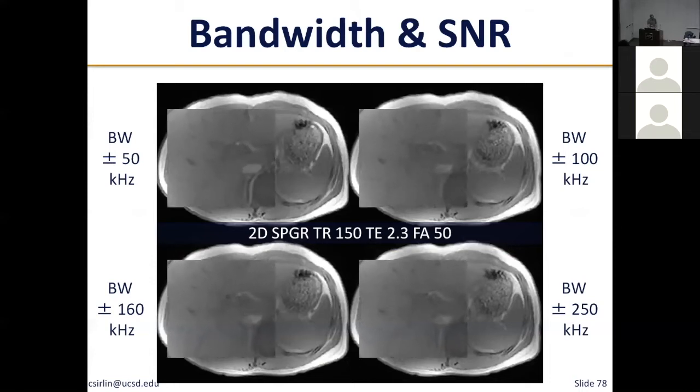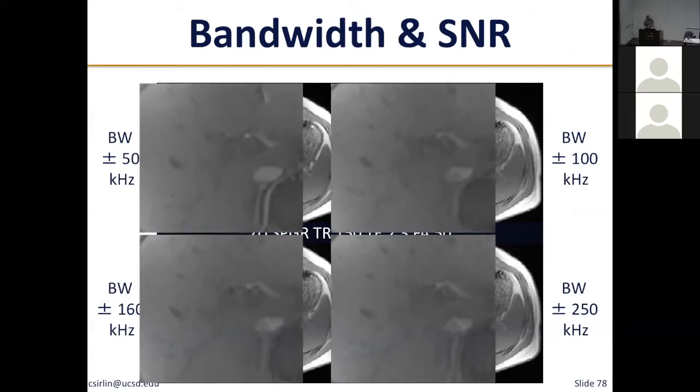To illustrate that, let me maximize a little bit. Can you appreciate that this image is a little bit grainier than this image? So as the bandwidth goes up, the signal to noise goes down a little bit.